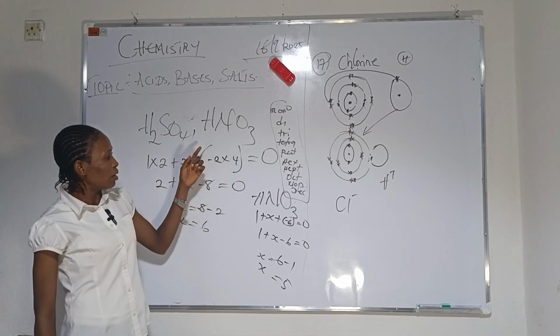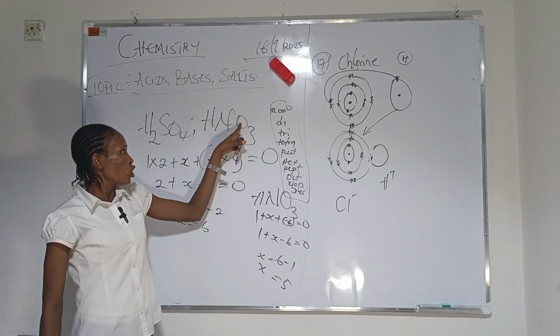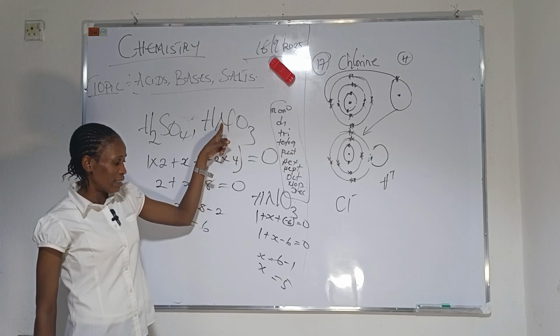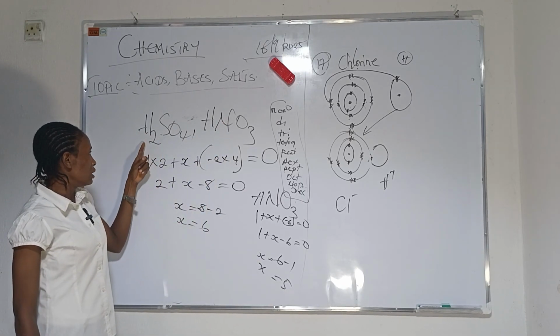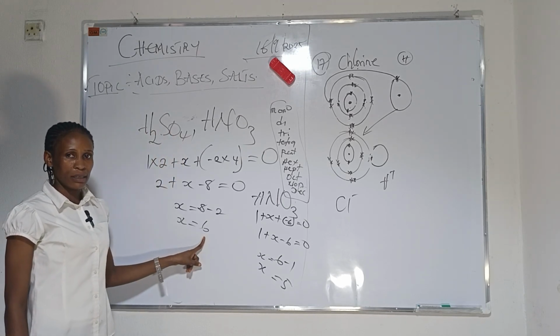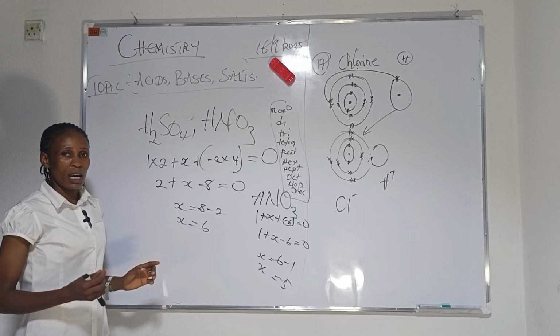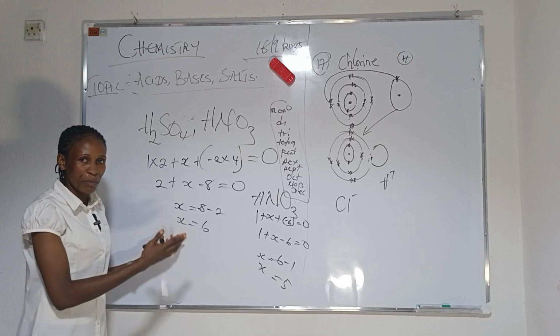To name it now, I am naming it again: hydrogen trioxonitrate 5. The first one, hydrogen tetraoxo sulfate 6. I believe by now you can name your compound using these steps if you can do it very well.